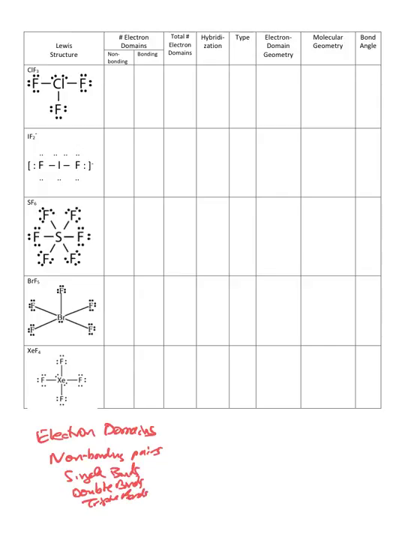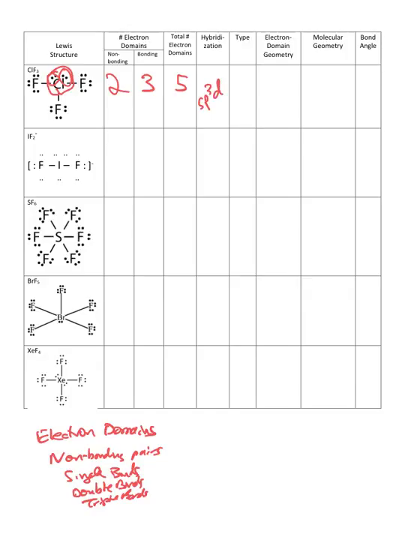So let's look at chlorine trifluoride. Chlorine is going to be our central atom. Around it, we've got two non-bonding pairs of electrons. We've got three single bonds. Each one of those counts as just an electron domain. So in all, we have 5 electron domains. We saw in the previous video that this gives us a hybridization that we refer to as being sp3d.